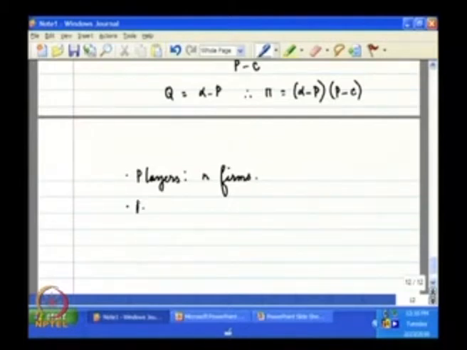Two, actions. Sorry, I should not have written prices there. What are the actions in this model? Prices are the actions, and prices can be any non-negative numbers.